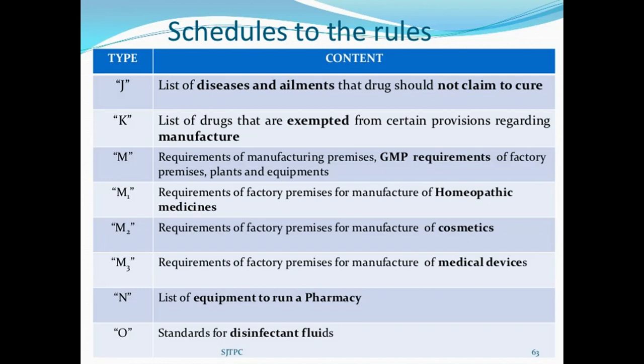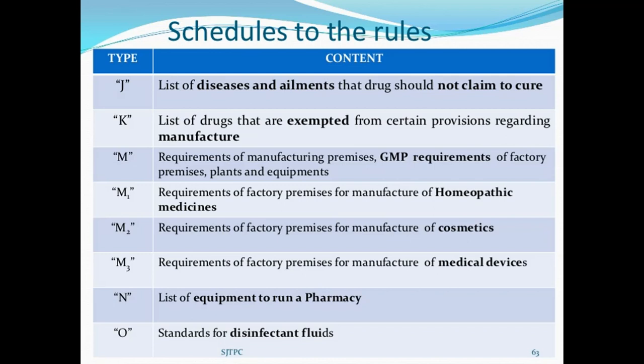What is GMP? To run an industry with good manufacturing practice, what are the requirements? That may also come as a long question. Later on, we'll discuss the detailed features of Schedule M, that is, how to adopt good manufacturing practice in industry.